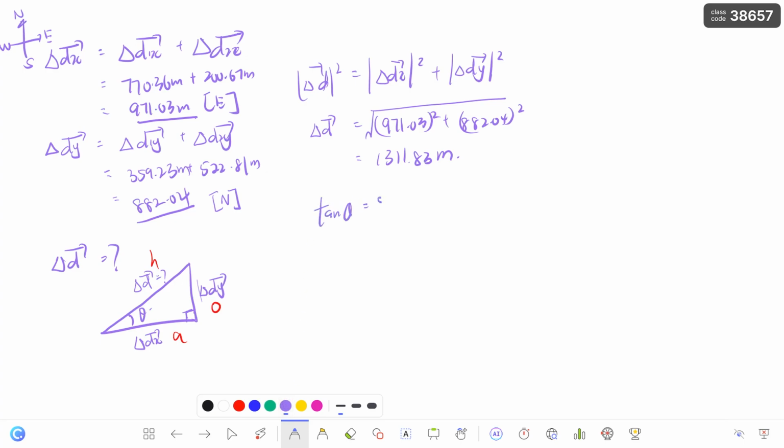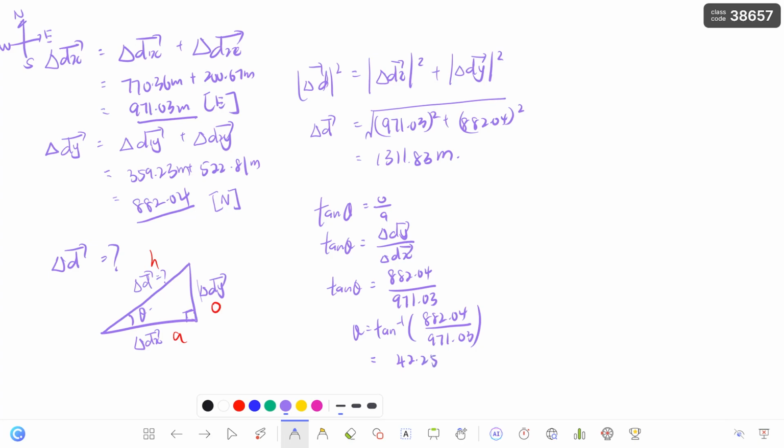Tangent theta is equal to O divided by A, so tangent theta is equal to delta dy divided by delta dx, which is 882.04 divided by 971.03. So theta is equal to inverse tangent of 882.04 divided by 971.03, and the answer should be 42.25.